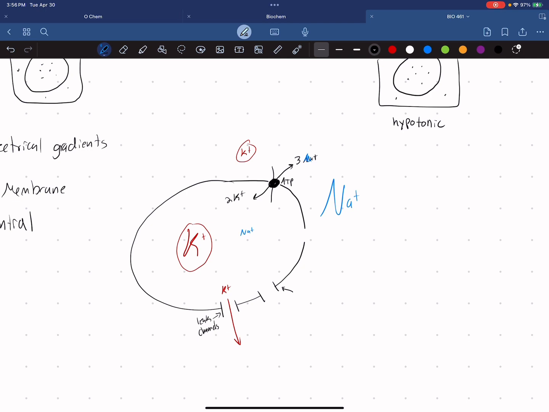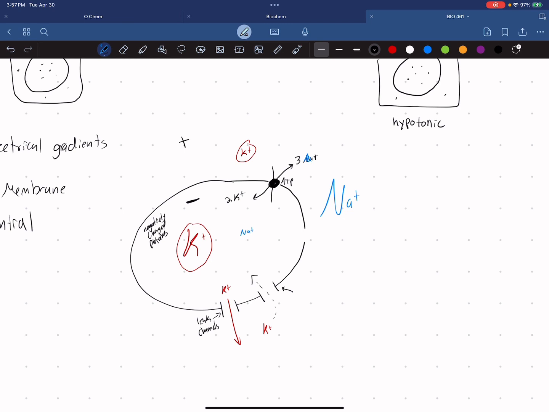And so as the potassium leaves the cell, that concentration gradient will start to reach equilibrium. But just as we talked about before, that potassium will be sucked back in due to that electrical gradient that will cause that equilibrium. And another thing that I should have mentioned about the inside of the cell is that the inside of the cell will overall be more negative and the outside of the cell will be more positive due to the negatively charged proteins that are stuck within the cell.